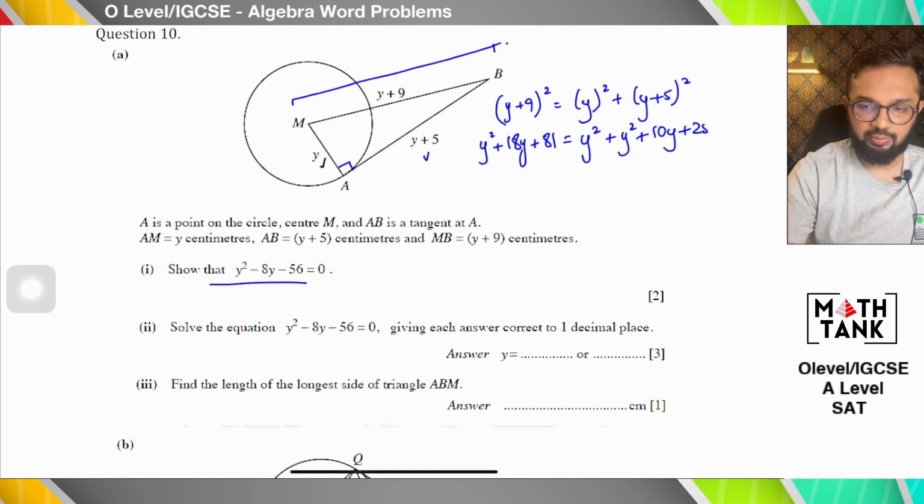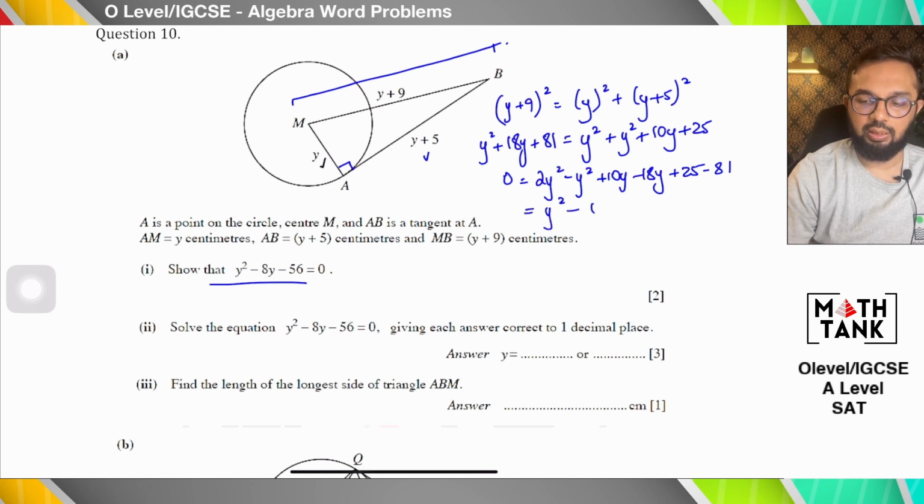So let's first simplify the left hand side so that it's easier for us to predict which side we have to go to. I think we move everything to the right hand side. So y squared minus 8y minus 56 equals 0.